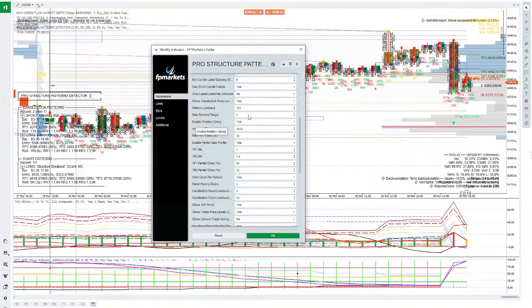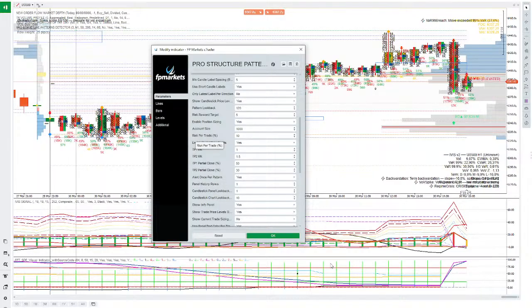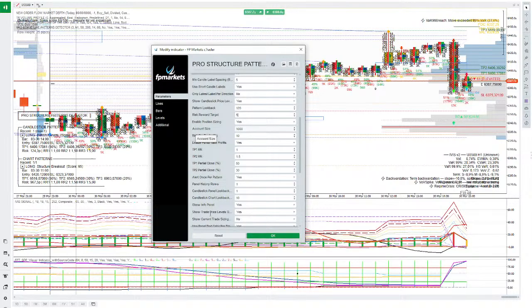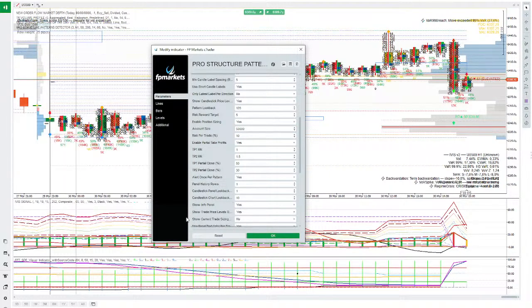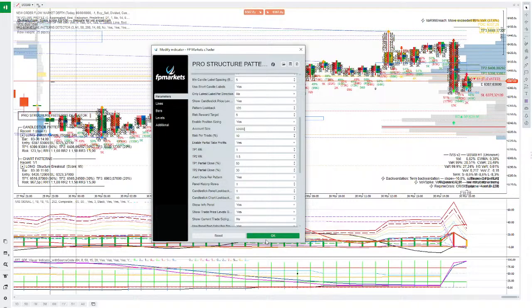You can decide the risk reward target, 3-1 or 5-1, and it will size accordingly. You can say my account size is £1,000, or £50,000, and it calculates the size of the trade, how many lots you can put into the bet.